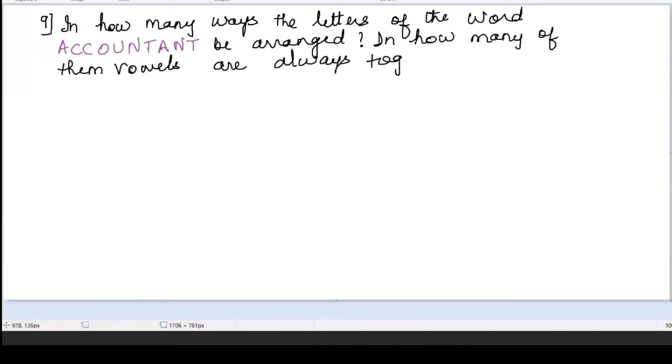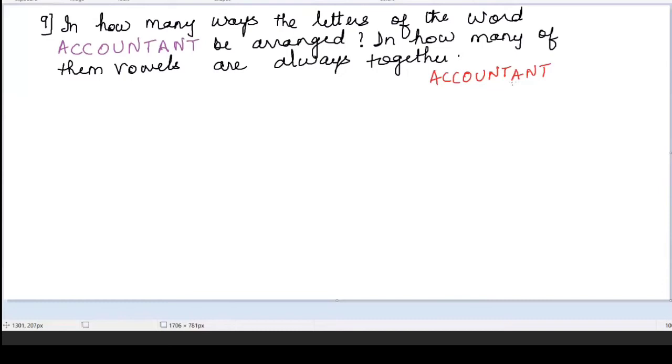Now, what you do is look at that word accountant and quickly keep ready which letter is repeated how many times. We need to have that for the arrangement.